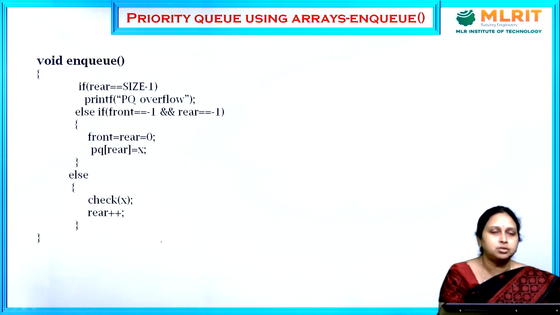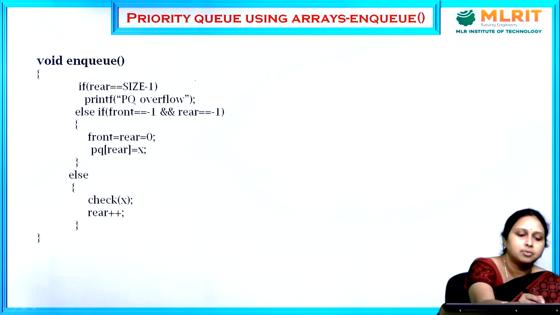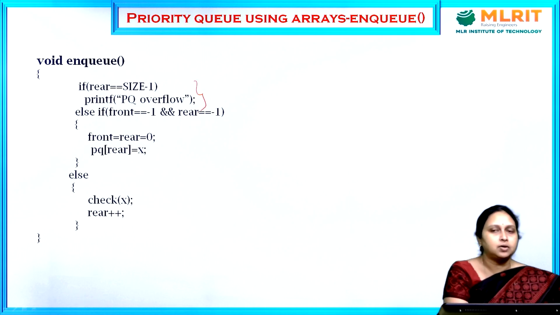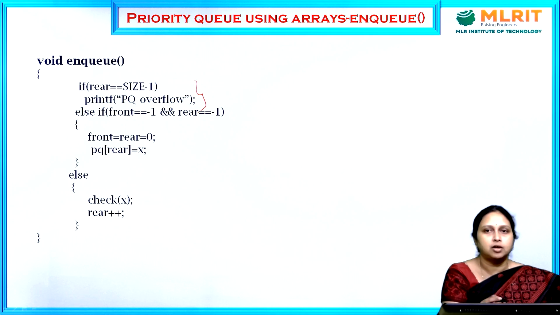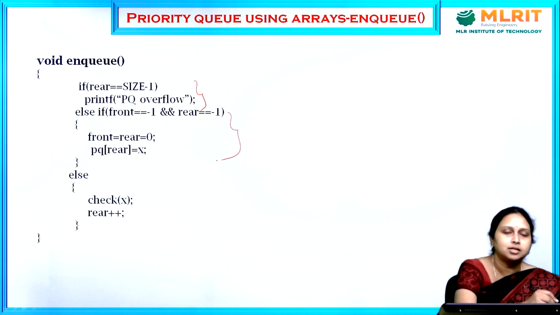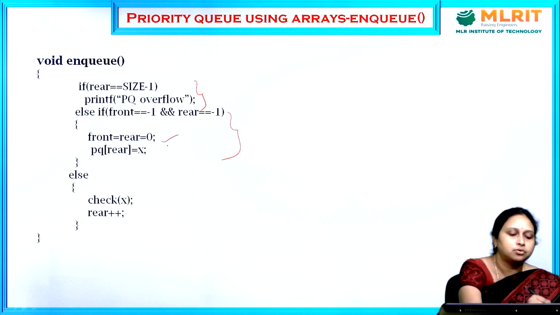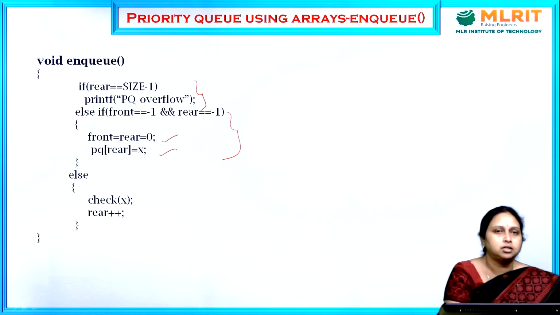This will be similar to our queue, but only a small condition will be included in these priority queues. Let us see the same condition we have seen: rear equal to size minus 1 means the priority queue is overflow, and if front and rear are equal to minus 1, in this case also we initialize front equal to rear equal to 0, read the x value and insert it at the rear position.